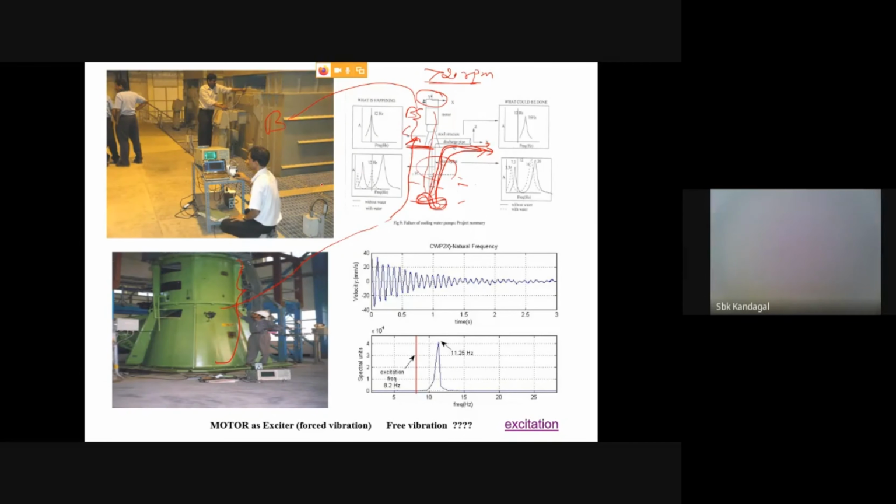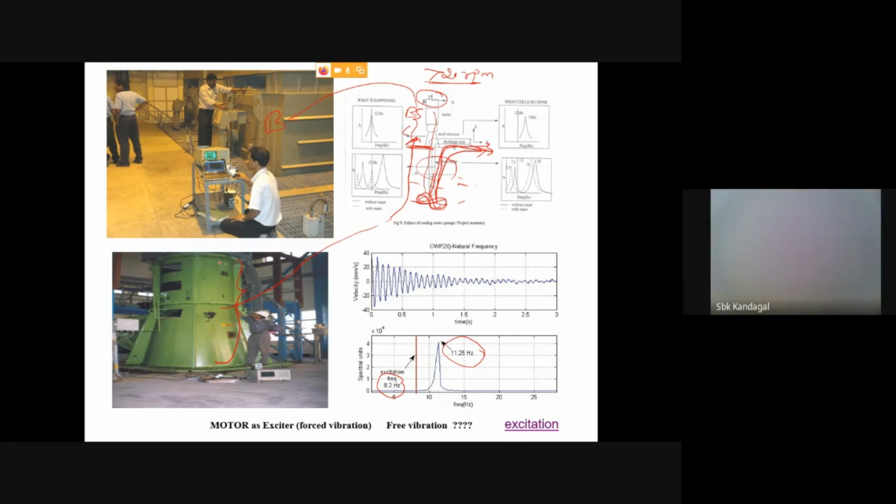For that purpose, we did an in situ measurement using accelerometers and a frequency analyzer data system, and tried to find out the natural frequency of this cooling water pump. As you see here, the excitation frequency was around 8.2 hertz, and we shifted the natural frequency to 11.25 hertz, so that there is no resonance problem as such.